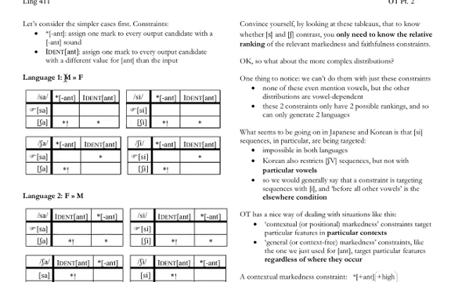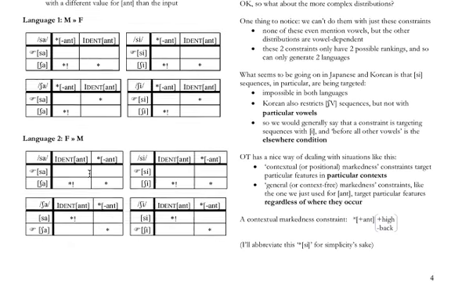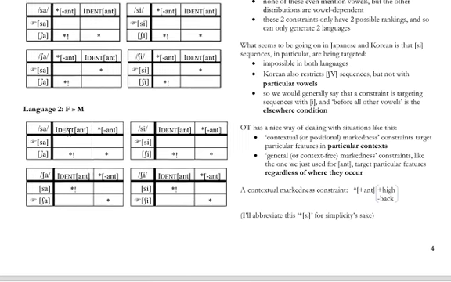The other language that you can generate with these 2 constraints just reverses that ranking. That's language 2 here. This one says preserving the input values for anteriority is a more important goal than avoiding non-anterior fricatives. So if that's the case, then you're always going to preserve whatever values you started out with in the input, and you're going to end up with contrast everywhere.